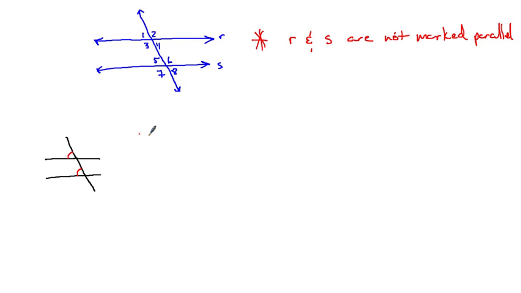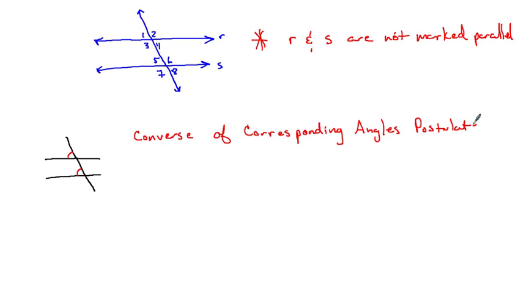Okay, so we're going to write down something today called the converse of the corresponding angles postulate. Exciting, right? So it's exactly the same as the corresponding angles postulate, except it's going to be the converse. So we're going to switch the hypothesis and the conclusion.